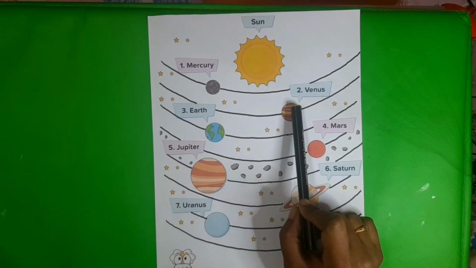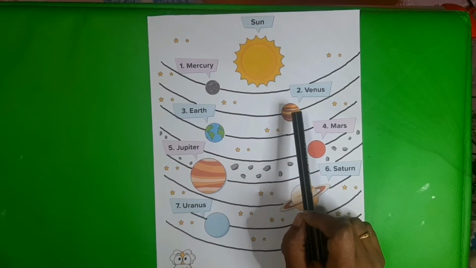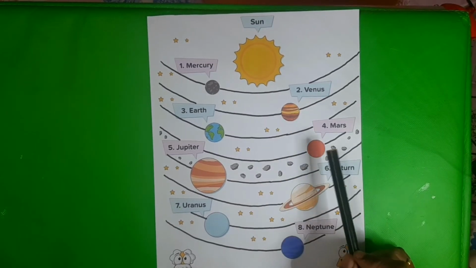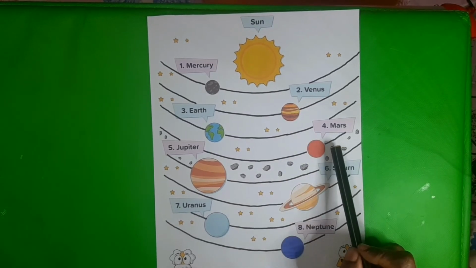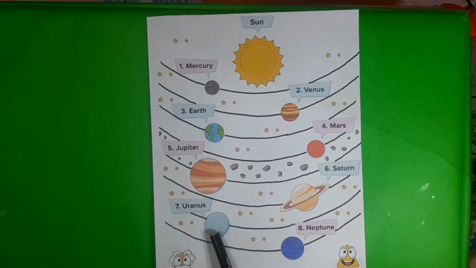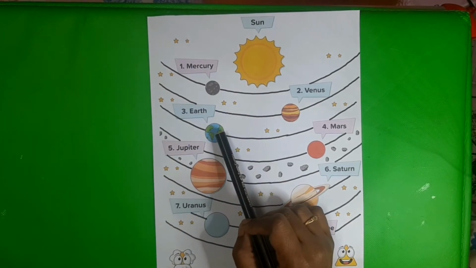Venus is the brightest planet in the solar system and it also has a nickname, that is morning and evening star. Mars is called the red planet. Uranus is the ice giant planet in the solar system, and Earth is our own planet where we live.